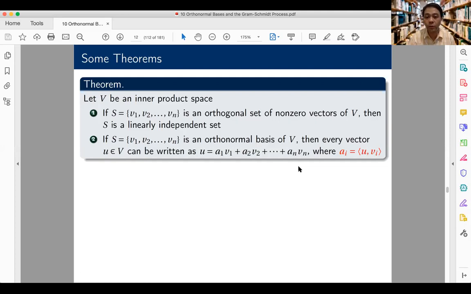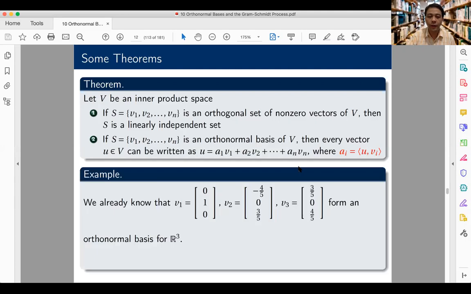Kasi kunin mo lang yung dot product nila. Pag real numbers to or real vectors, kunin mo lang yung dot product. Siya na yung coefficient. Consider this example. We already showed earlier that the set V1, V2, V3 with these vectors forms an orthonormal basis for R cube.